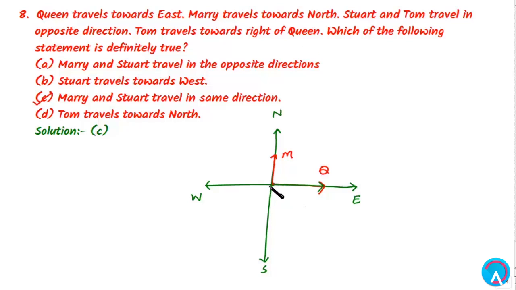So right of Queen is this direction. So Tom is traveling in this direction, and also it's given that Stuart and Tom are traveling in opposite directions. So if Tom is traveling in this direction, then Stuart is traveling in this direction. So we can see that Mary and Stuart are traveling in the same direction. That is why option C is the correct option.